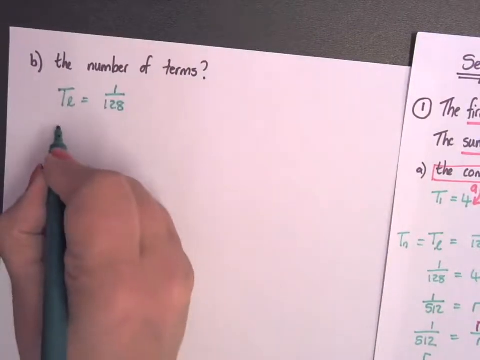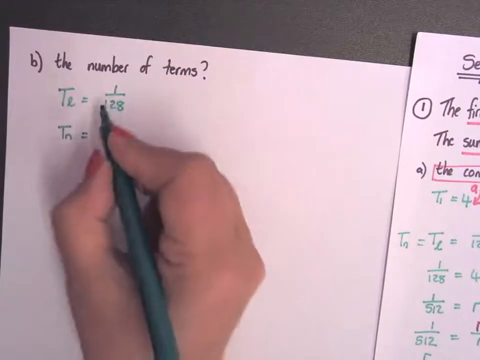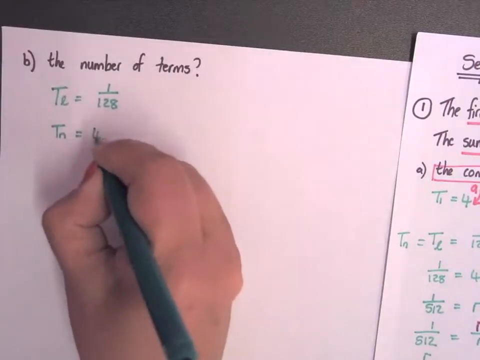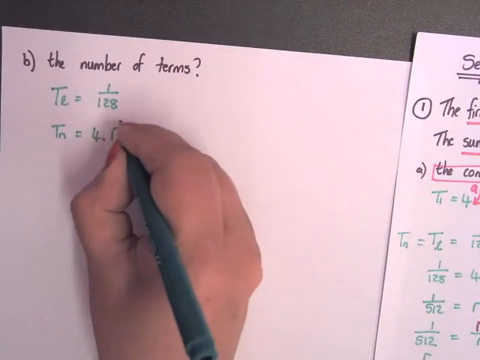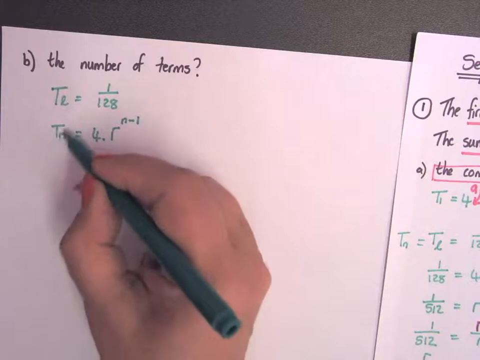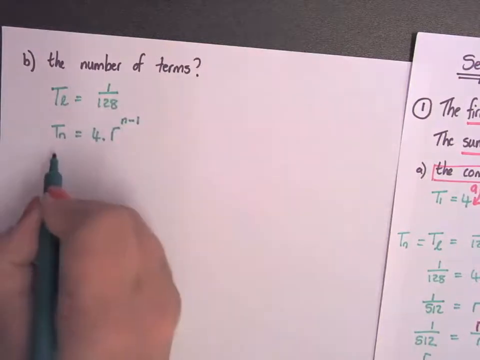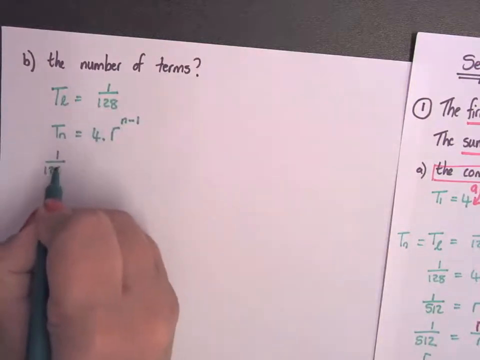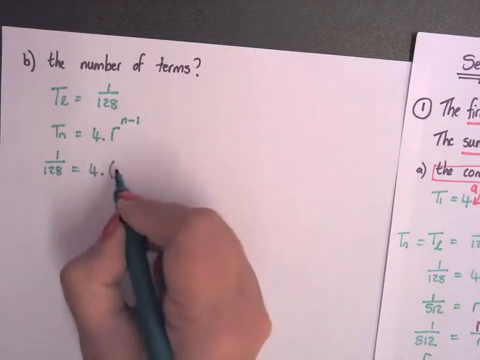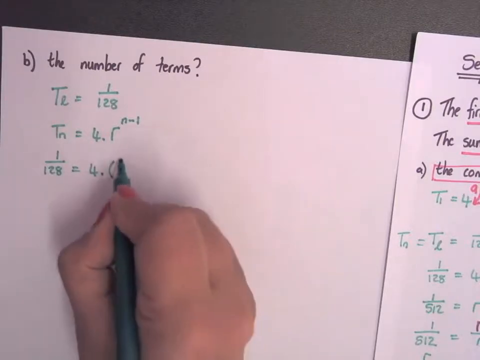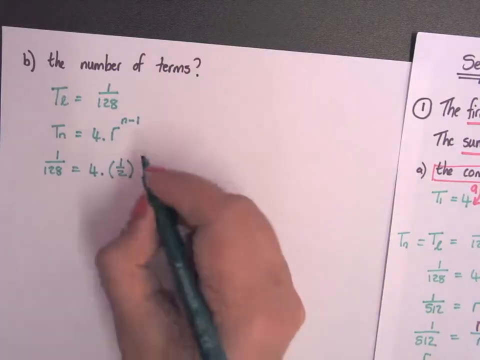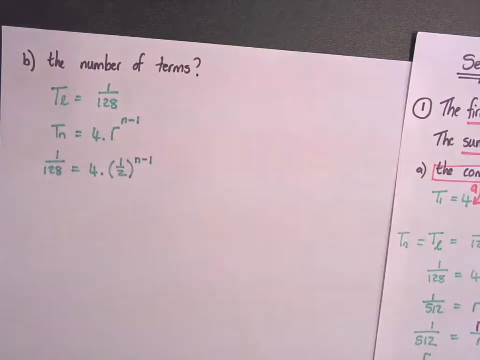The last term is also term n, and that equals 4 times r to the power of n minus 1. I know what the term n's value is. It's 1 over 128 equals 4 times, I know r has a value of a half, we just calculated that, to the power of n minus 1.